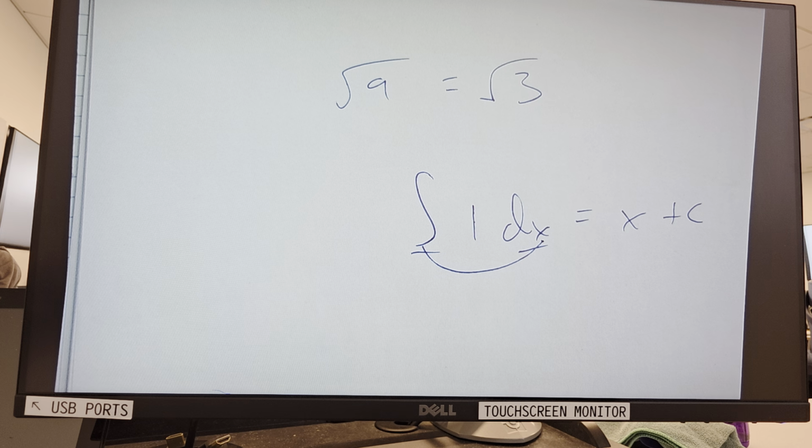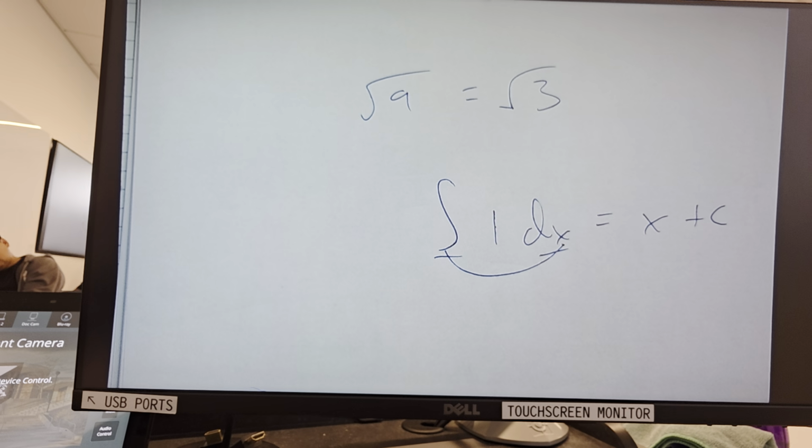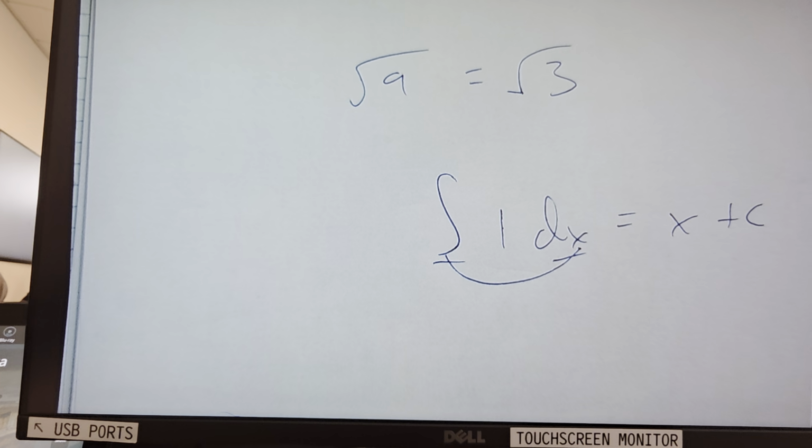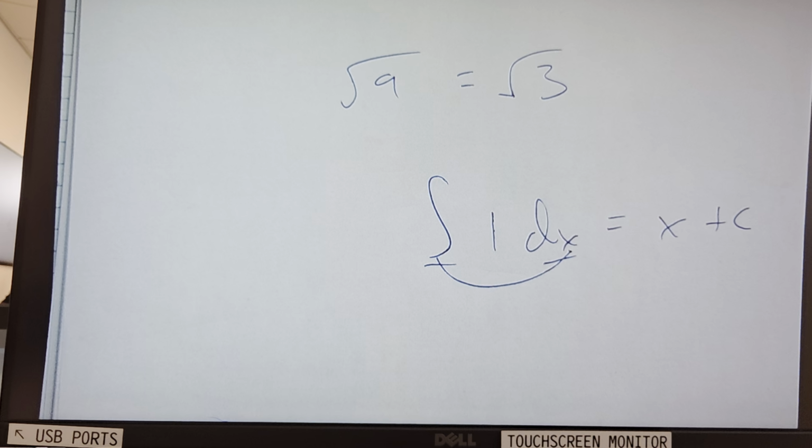So when you take the integral of dx, does the d remove and it leaves you with the x? Our final answer is x plus c. Does that x come from the 1, or does that x come from the dx? There are two ways to look at it. The best way right now is, what did I differentiate to get 1? x.